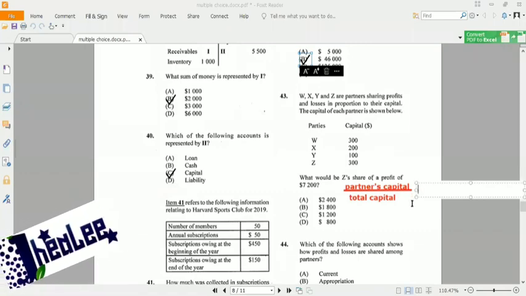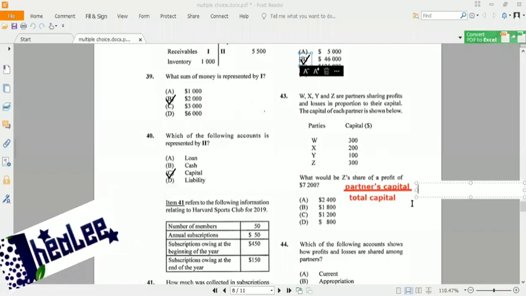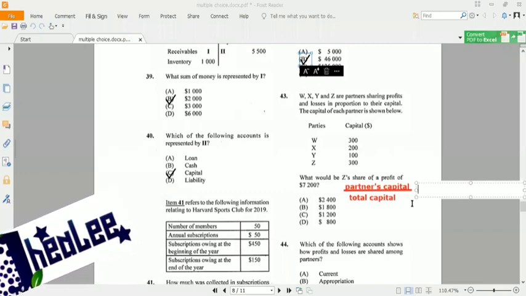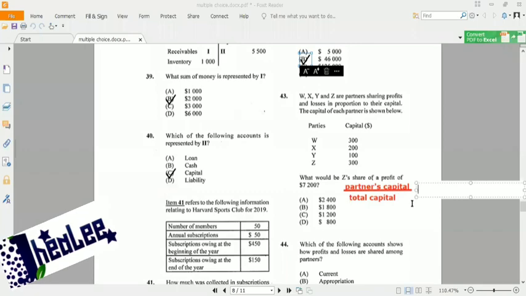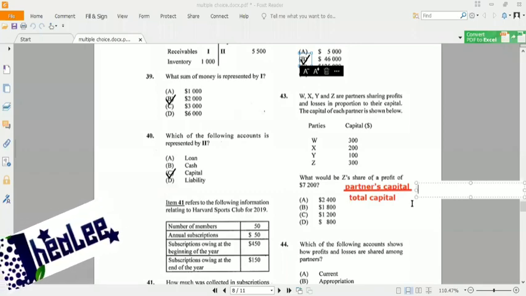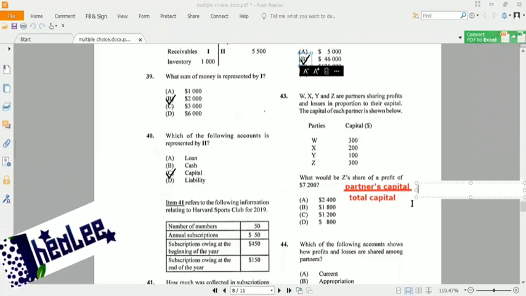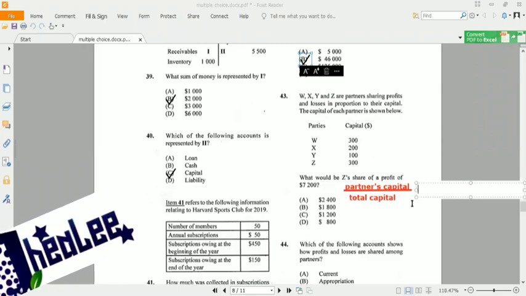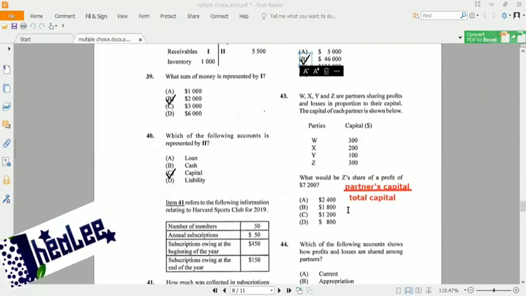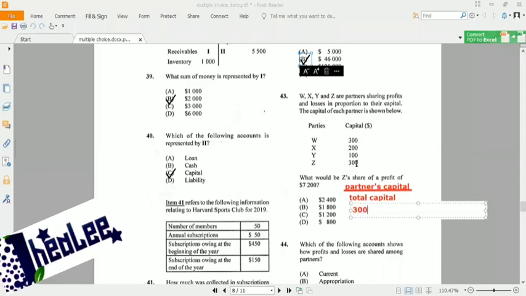So we're trying to find for Z. Let me take my time and work it out for the individual. In calculating, Z's capital is 300.